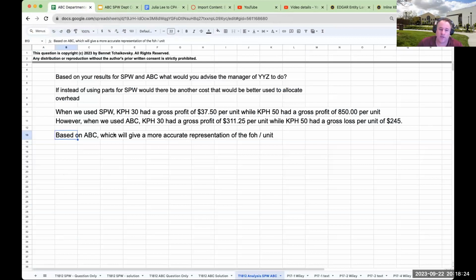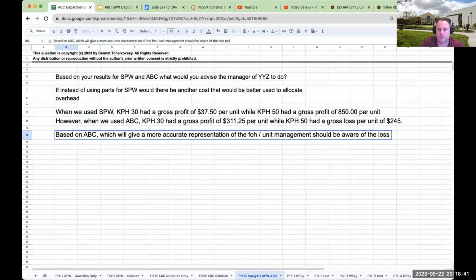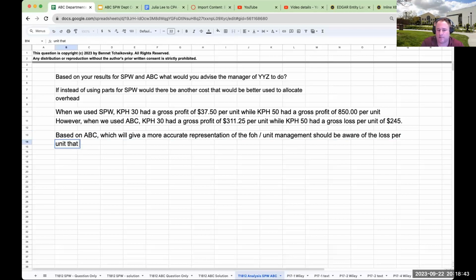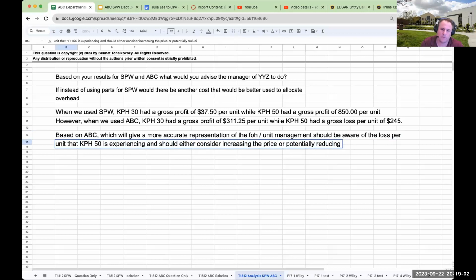But based on ABC, which will give a more accurate representation of the factory overhead per unit, management should be aware of the loss per unit that KPH 50 is experiencing, and should either consider increasing the price or potentially reducing production.